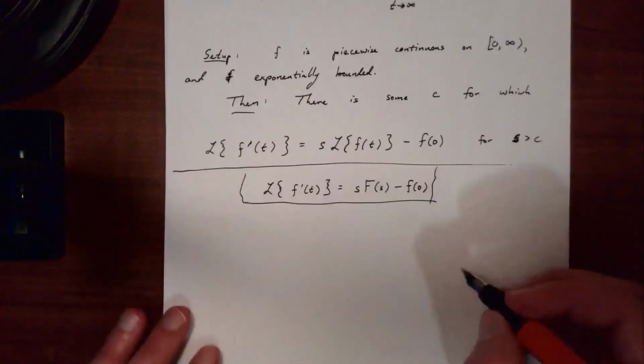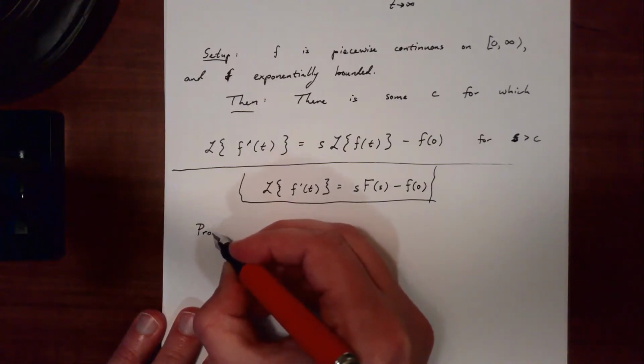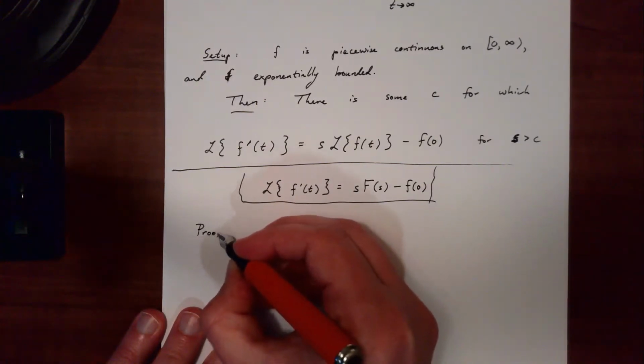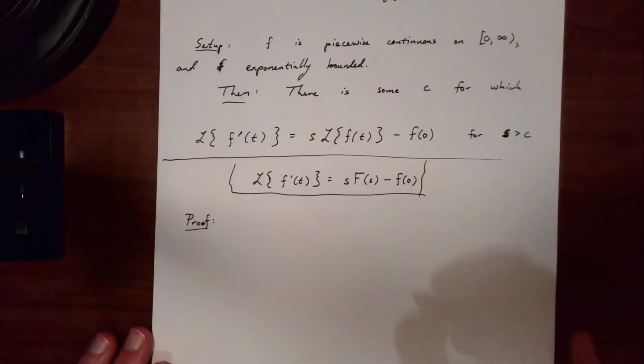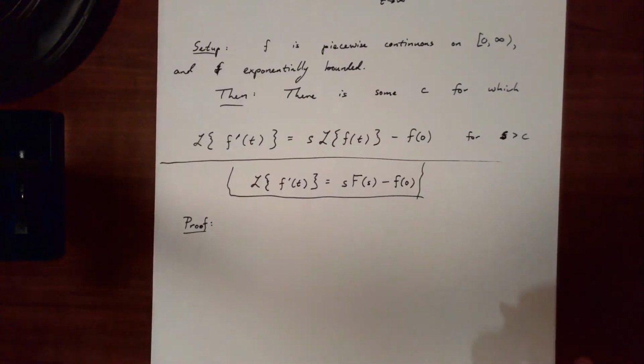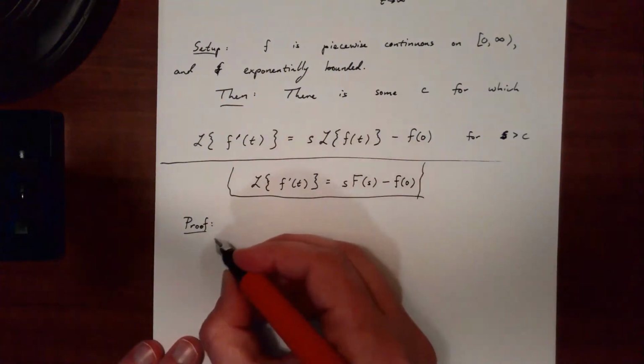All right. Now, we don't prove a lot of things in this class, but this is such a useful formula, and the proof is not super long, so we might as well actually indulge ourselves in a little bit of theorem proving. So let's just start by writing down what it is we're trying to find here.